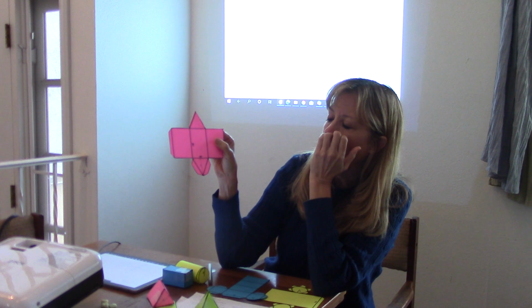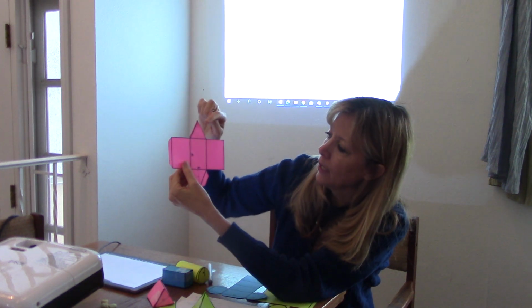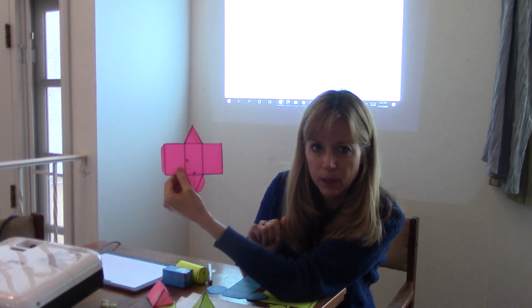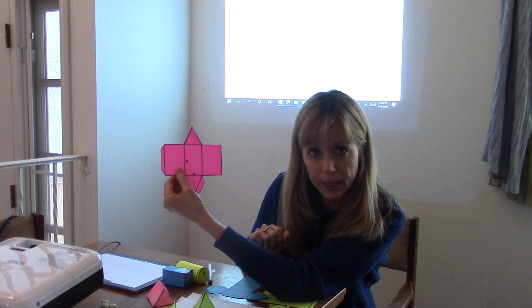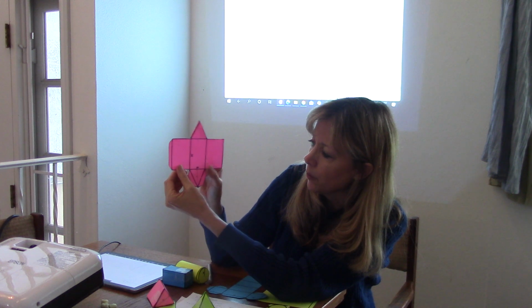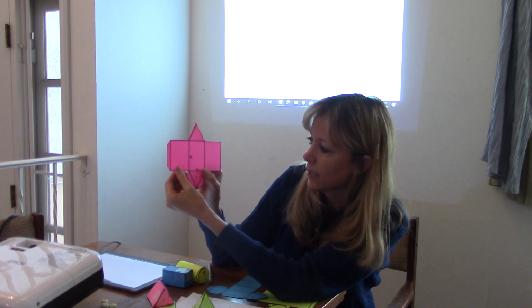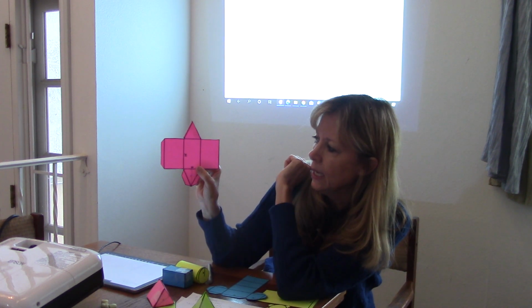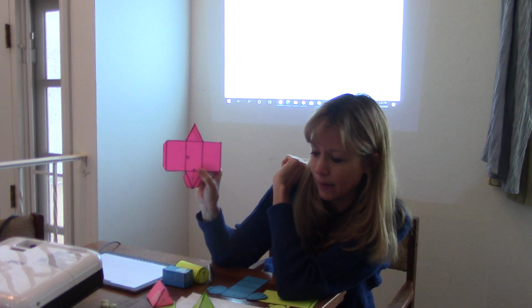Okay, so when I'm looking here, I'm going to have 2 triangles that are the same. So when I'm trying to find the surface area, I'm going to have 2 of those triangles. And then I'm going to have 3 rectangles. 1, 2, 3. They're not all the same size.